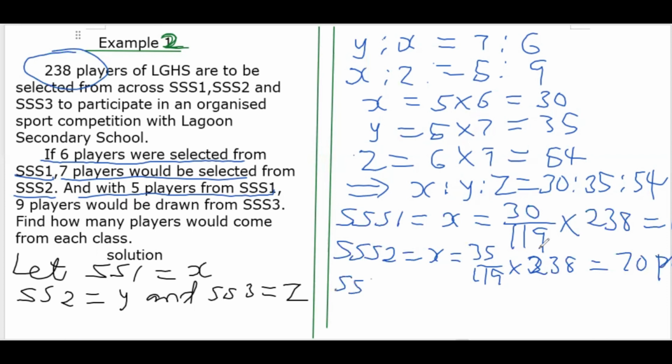And lastly, SS3, which is denoted by letter Z. The apportioned value for Z is 54 out of the total ratio of 119, times the total number of players from the school. That should give us 108 players. So this is how to handle this type of problem.